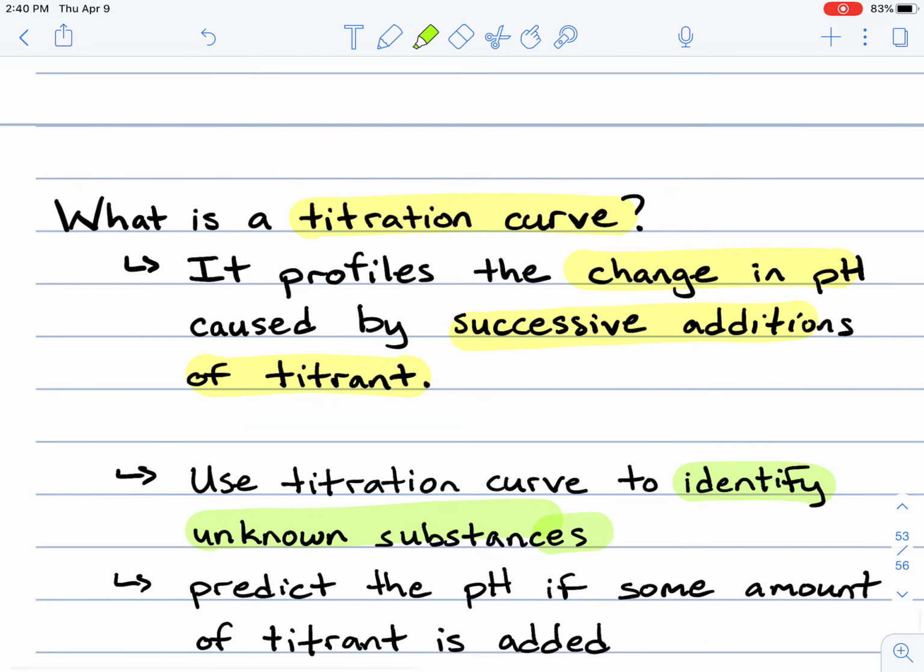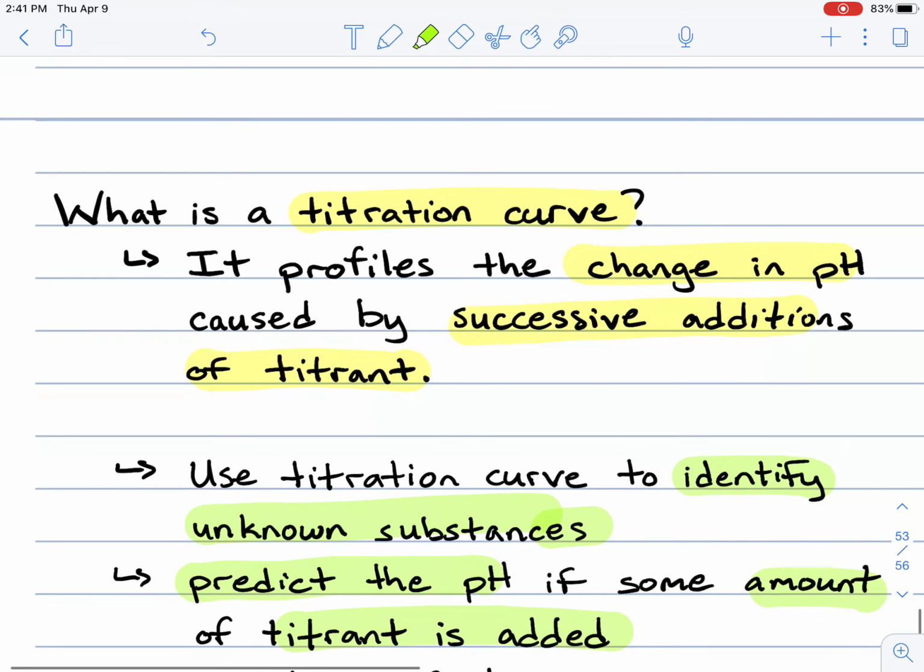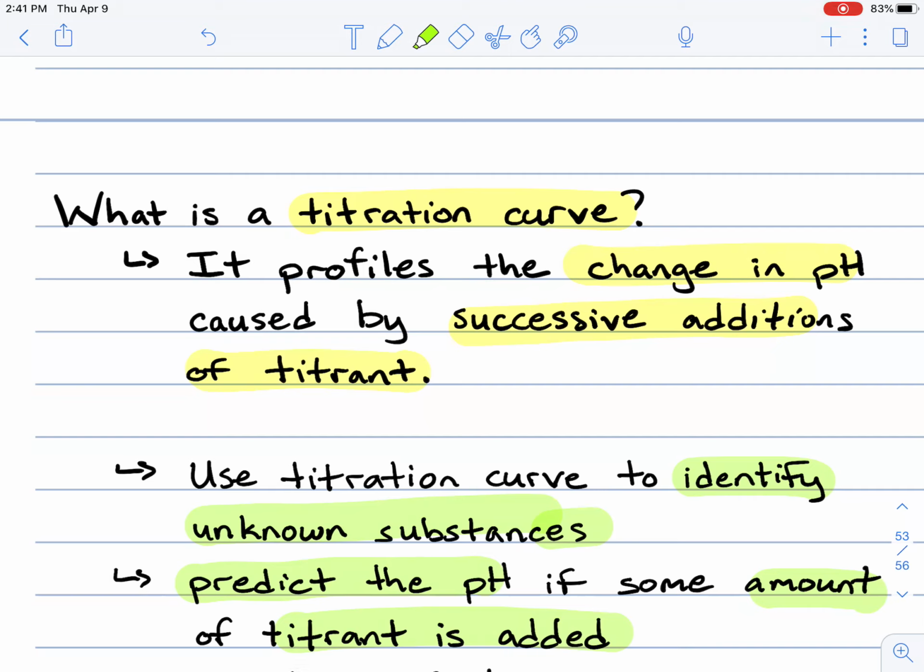Another reason why we want to build or look at titration curves is to be able to predict the pH if a certain amount of titrant is added. I'll show you guys what a titration curve looks like in just a second. But if you have a profile of how the pH changes, you can use this graph to align where the points meet.